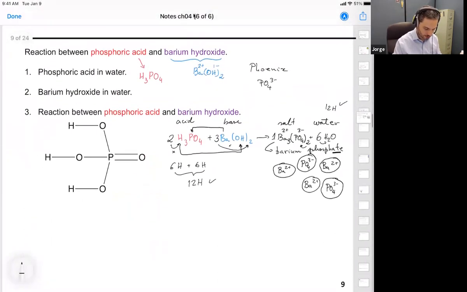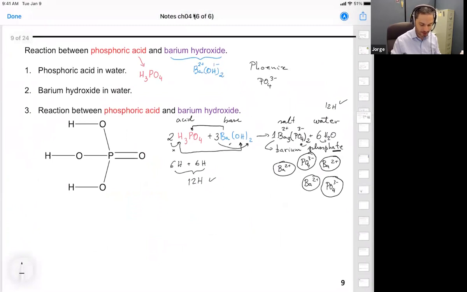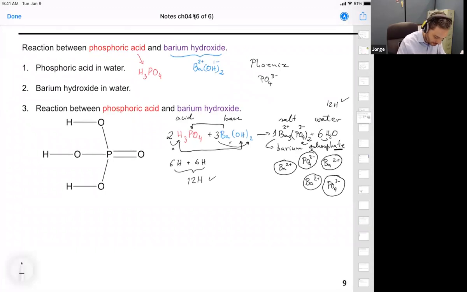All right, so the third example here is a more complex example. We have phosphoric acid reacting with barium hydroxide. Phosphoric acid is H3PO4, and that's going to react with barium hydroxide, Ba(OH)2.